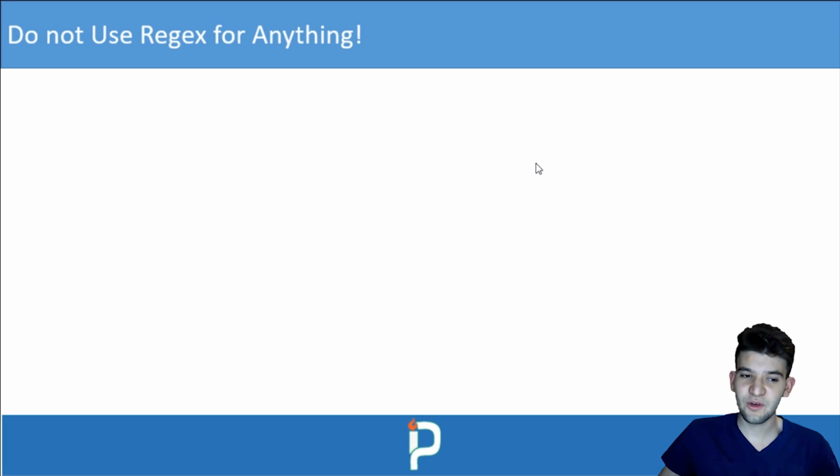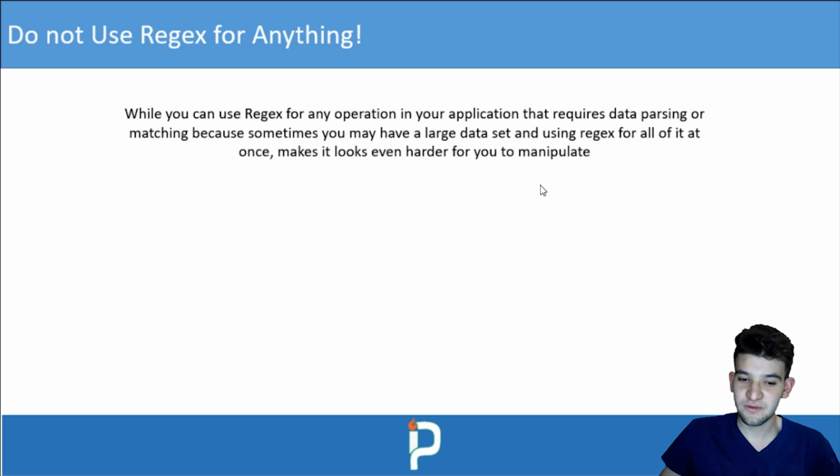Moving on, we have: do not use regex for everything. This is an exclamation warning, warning you that you shouldn't use regex for every task out there. While you can use regex for any operation in your application that requires data parsing or matching, sometimes you might have a lot of data sets, and using regex for a lot of it at once makes it even harder to manipulate.